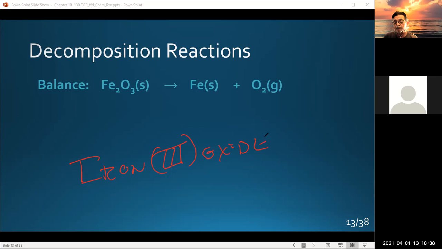You might want to go refresh your memory as to how I got that figured out as far as the name. So iron 3 oxide, otherwise known as rust. Good old fashioned rust. Had an old truck that had a lot of iron 3 oxide on it.